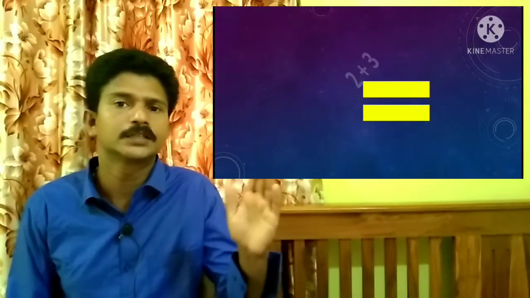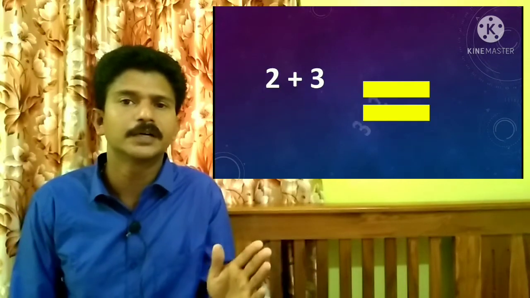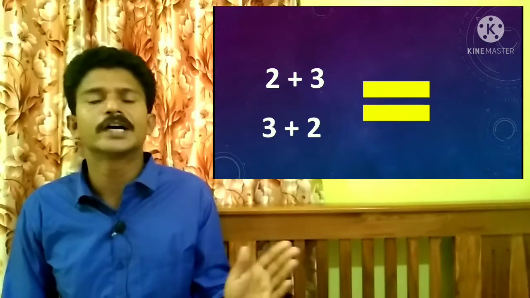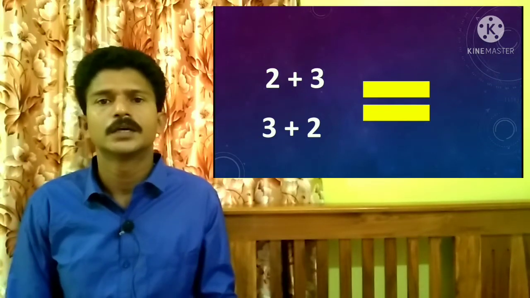When you do addition, subtraction, multiplication, or division, we can interchange the numbers, or change the position of the numbers. For example, when you add 2 plus 3, we get 5, and when you change the position to 3 plus 2, the answer is also the same.